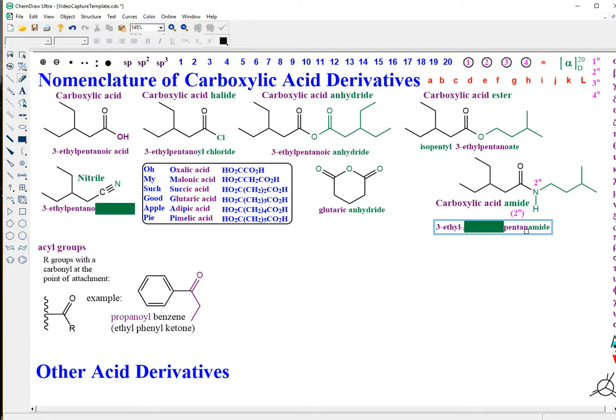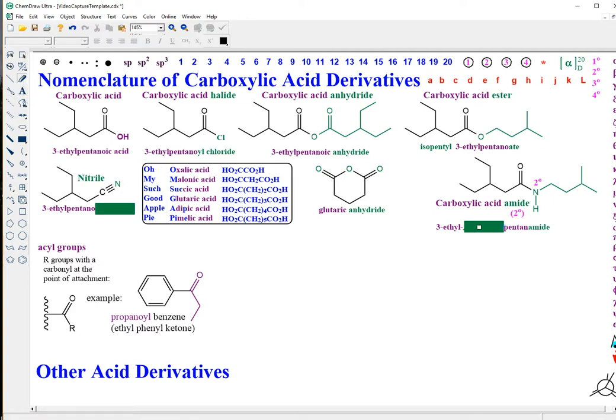The same group on carbon 3, 3-ethyl. But there is also a group on nitrogen. We actually name this where we name normal groups in the beginning of the name and we list them alphabetically. It is an isopentyl group, that's why it's going to be after ethyl. The only question is, how do we indicate that the isopentyl group is attached to nitrogen?